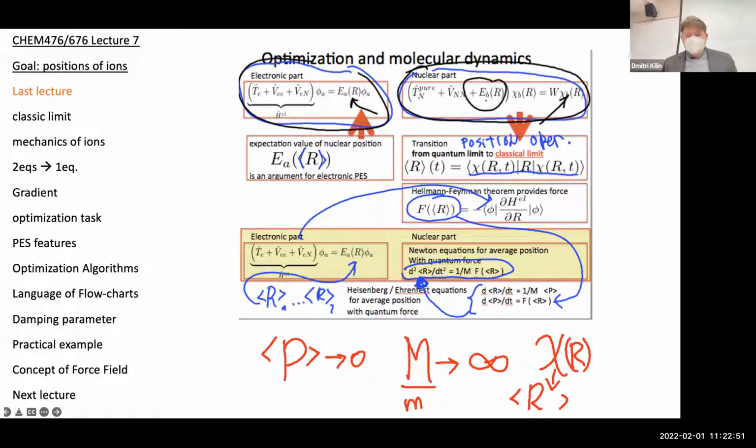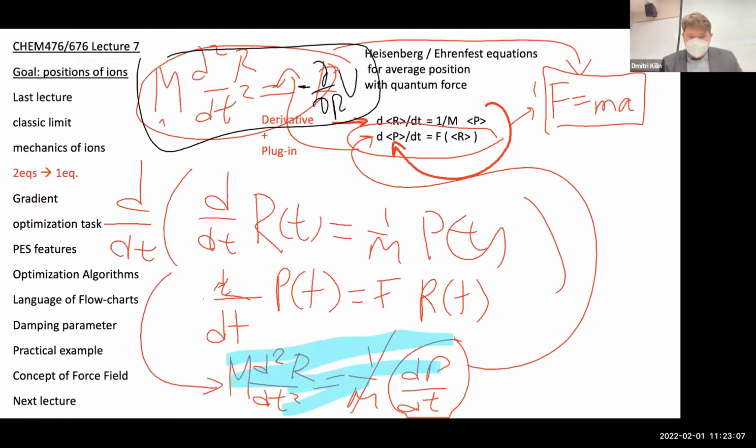But as soon as any trace of chemical reaction may pop up, as any bond may break or form, we need to do whatever we are doing right now to recompute the electronic structure for each position of ions. Okay.